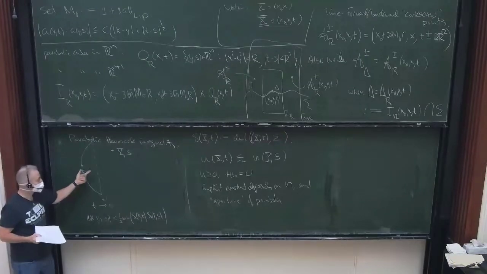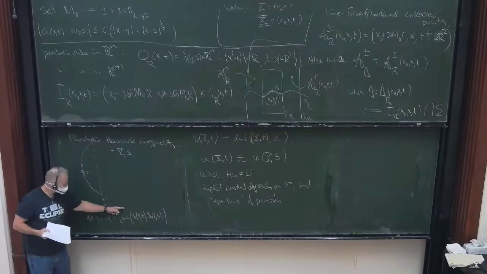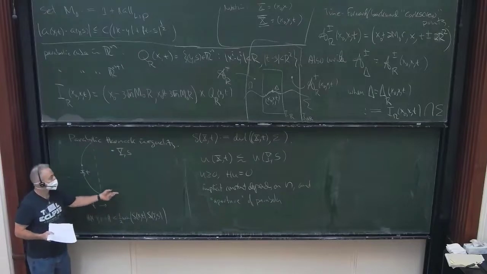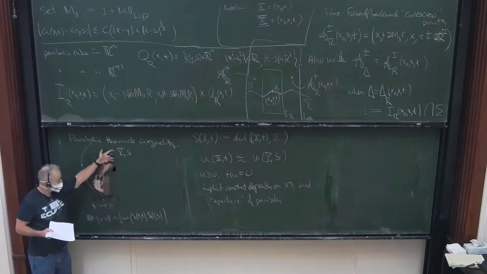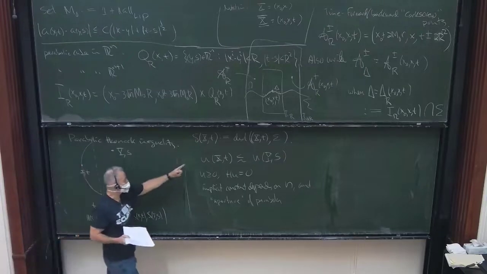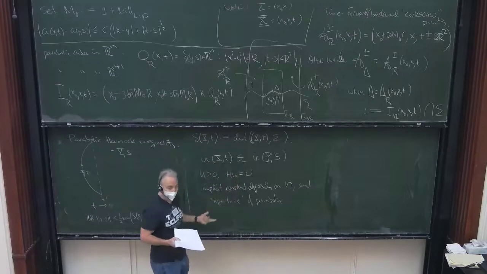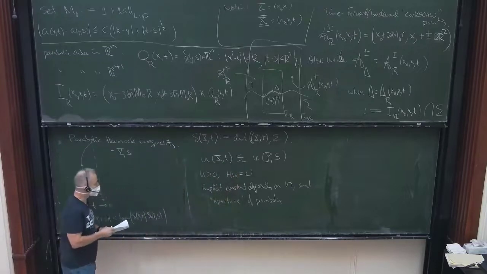So u of xt is going to be 0. And then beyond t equals t prime, some heat is going to be applied to the lateral boundary. So from that point onward, the solution is going to be strictly positive inside beyond that time. So this one could be 0 and this one could be positive, and there's no way you can reverse this inequality.